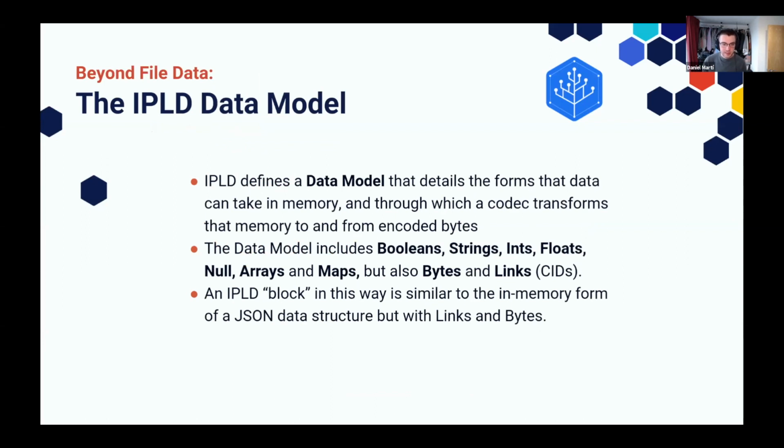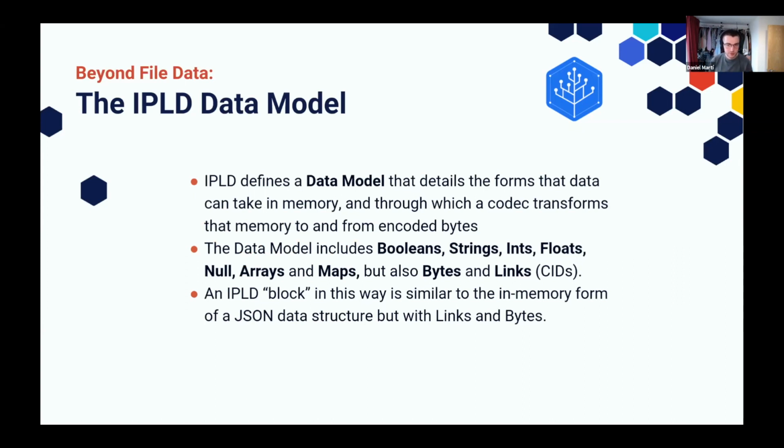So IPLD defines a data model, and you could think of a data model as a sort of type system, or rather the basic types for a type system in a programming language. And the types that you have here are sort of the common denominator between most codecs. And it's actually pretty similar to JSON. You've got Booleans, you've got strings, you've got ints and floats, nulls, arrays, maps, but also bytes and links.